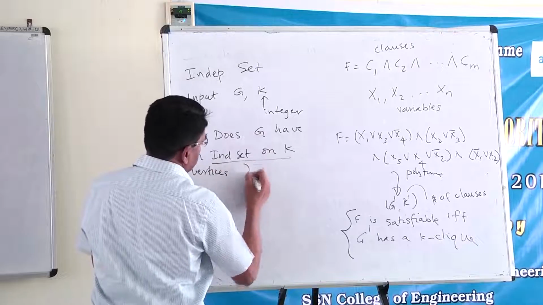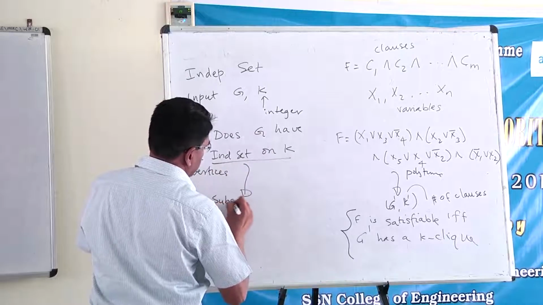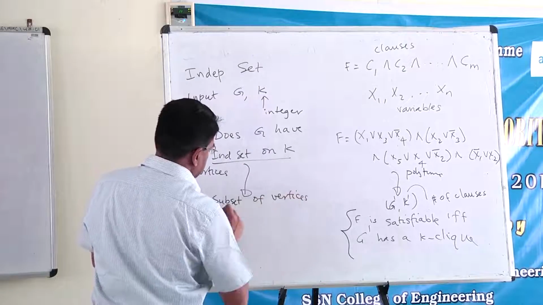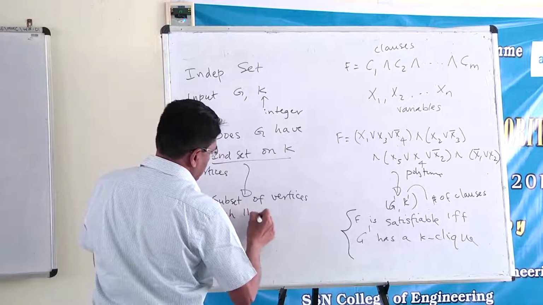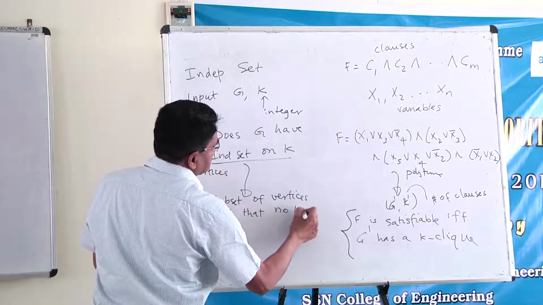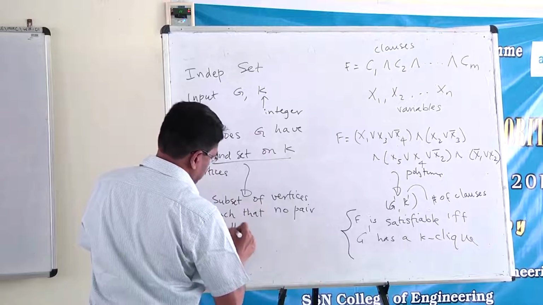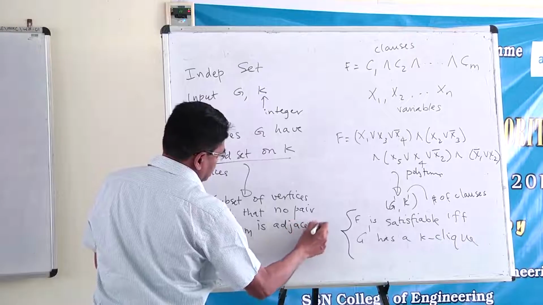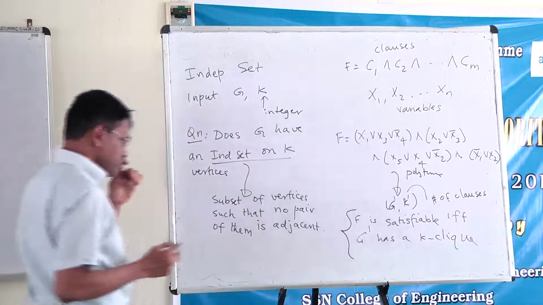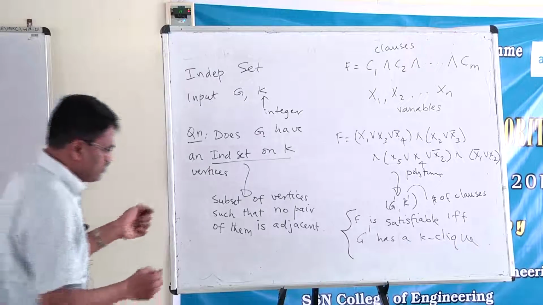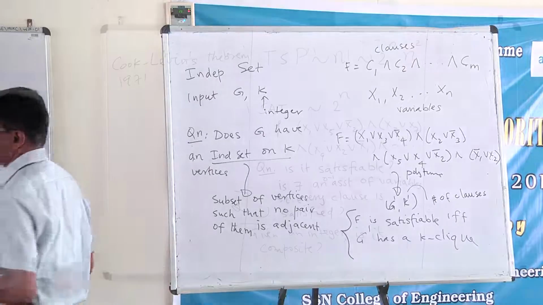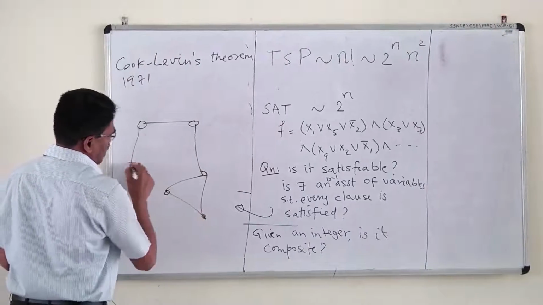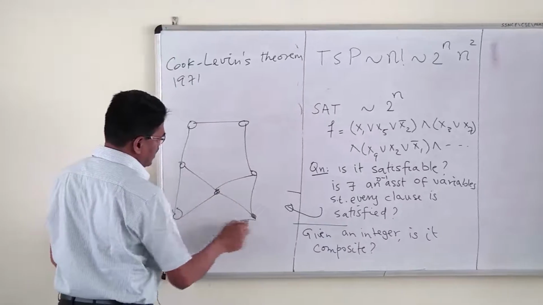And what is an independent set? This is a subset of vertices such that no pair of them is adjacent. Here again one is interested in the maximum independent set.